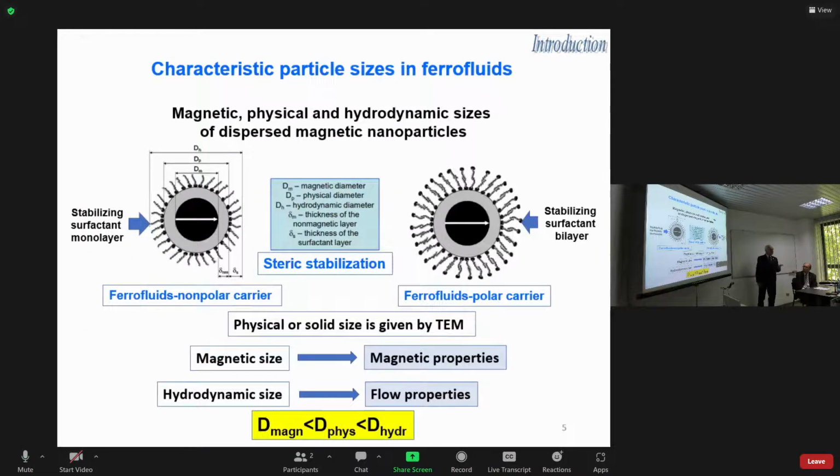What makes this possible? The stabilization. This is a mechanism we usually apply, the steric mechanism for stabilization. That is, each particle is coated with an organic layer. The most frequently used are the carboxylic acids, and the most frequently used carboxylic acid is the oleic acid, to be very clear. Well, it depends on the carrier medium, that is, for example, non-polar organic carriers.